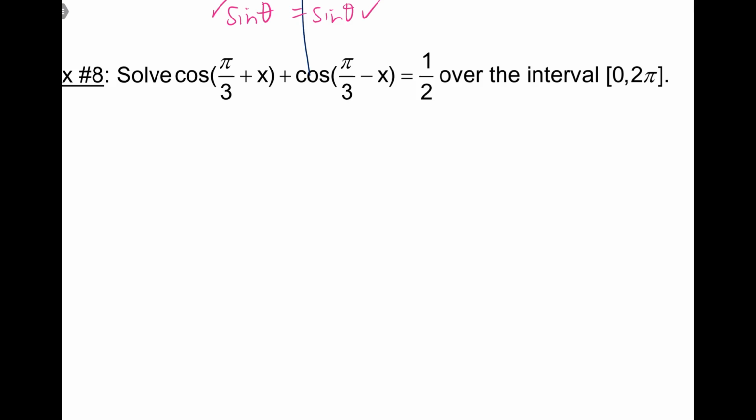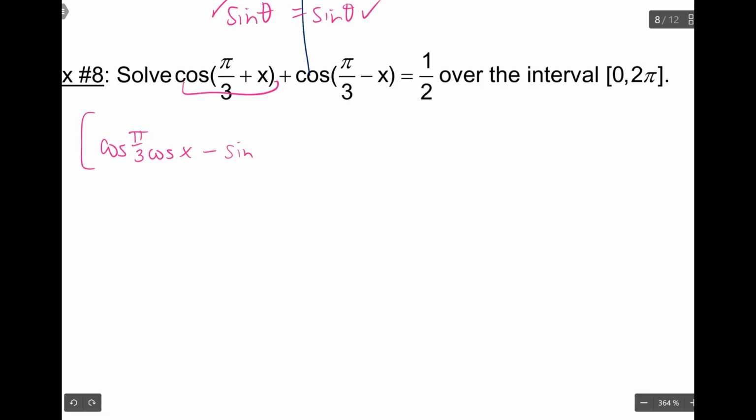First thing I'm going to do is expand this out. I have cosine pi over 3 cosine x minus sine pi over 3 sine x, plus cosine pi over 3 cosine x.